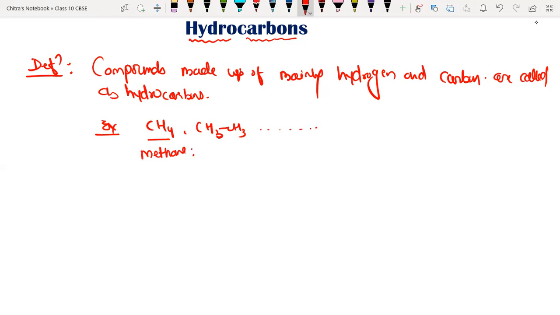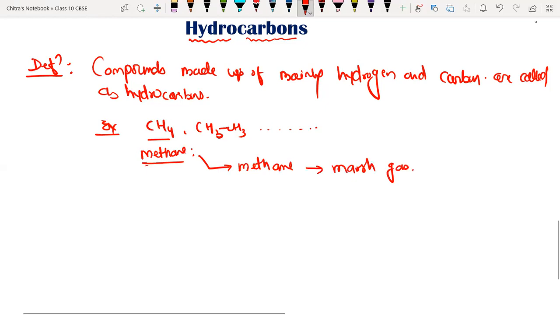Methane is called marsh gas. Why is it called marsh gas? Any idea? Because it is produced in marshy places.